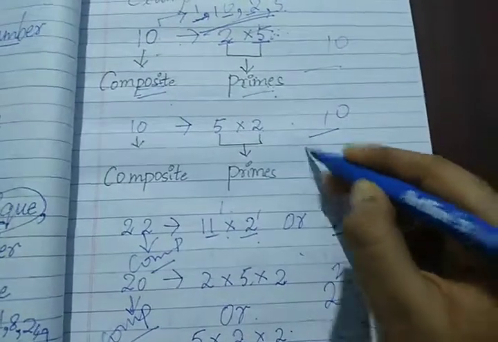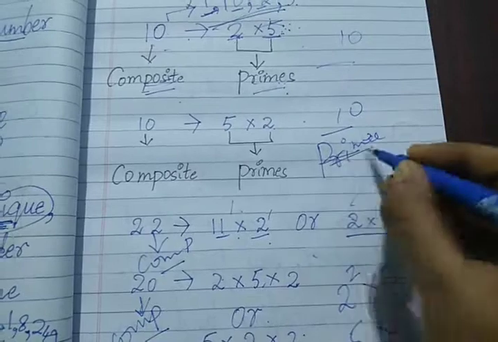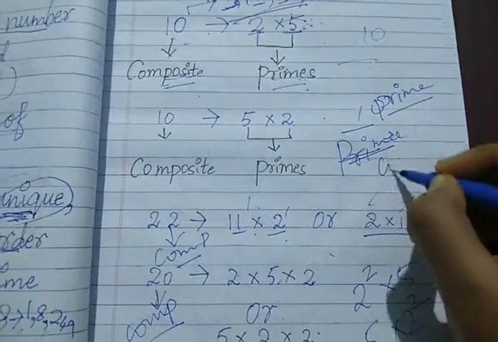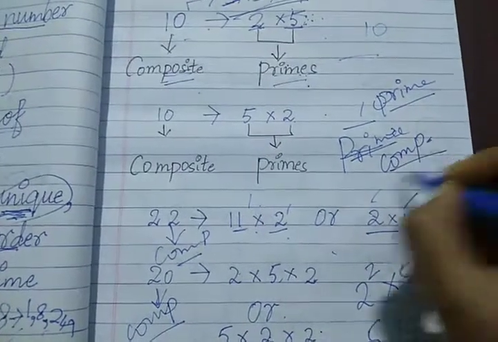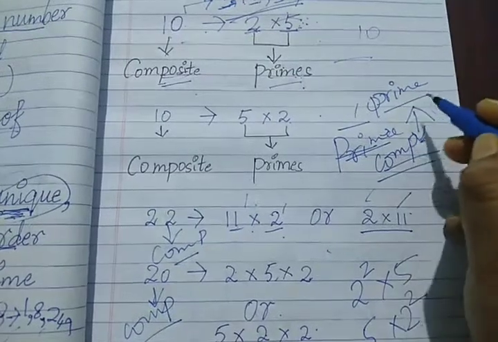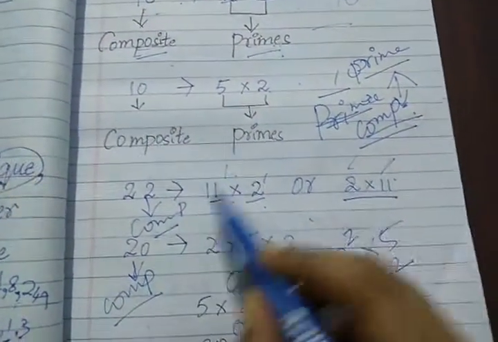All you need to understand is prime numbers, P-R-I-M-E, prime numbers and composite numbers. All you need to know is detail about the prime numbers and composite numbers, and you should understand this part.